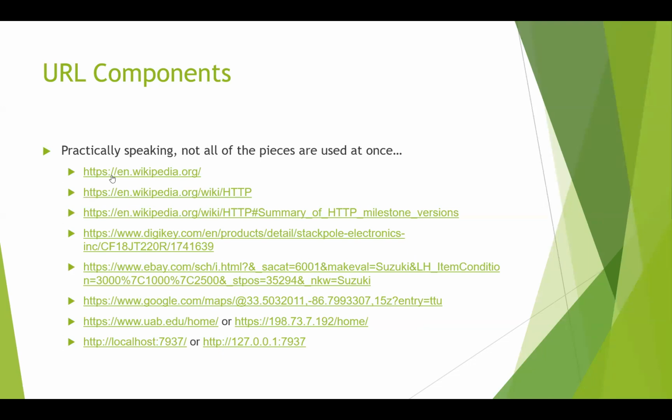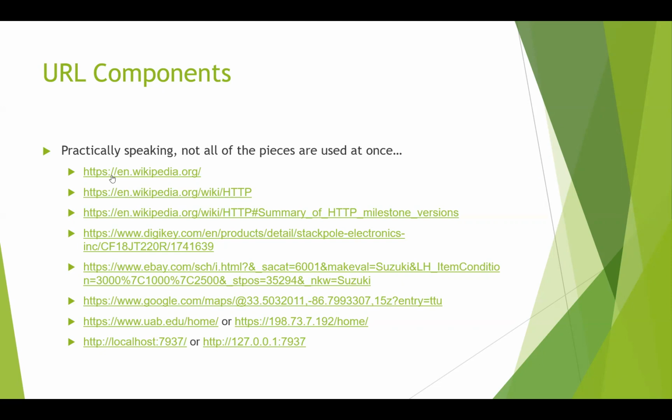This is why I refer to this as an anchor point. If you click on the third link, it'll take you to the summary of the HTTP milestones, in other words, the versions of HTTP. You will go to the page and then immediately be navigated down to that fragment, that subsection of the page.